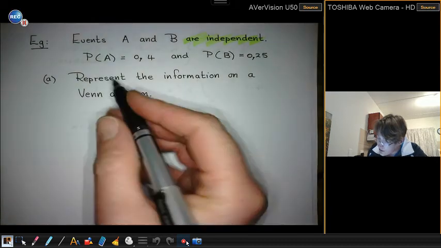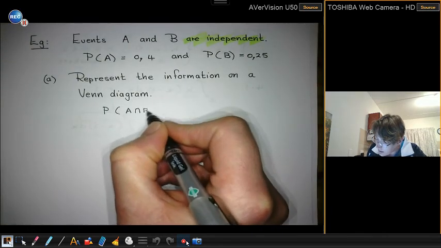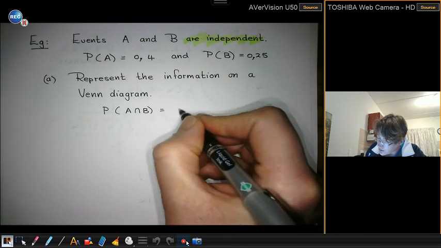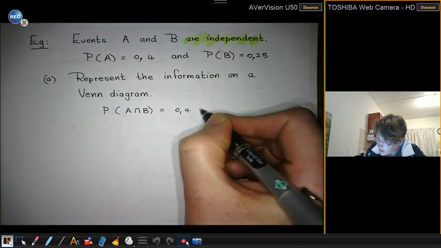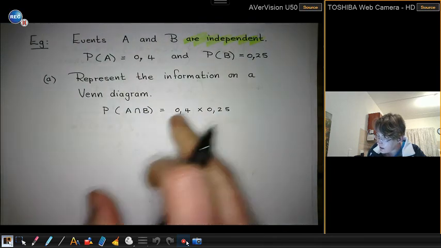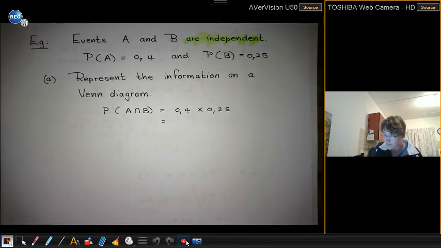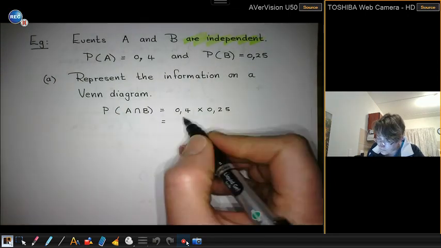So I can go and say the probability of A and B is then equal to 0,4 times 0,25, because that's the probability of A times the probability of B. So I can then write that down, and that is going to be 0,1.